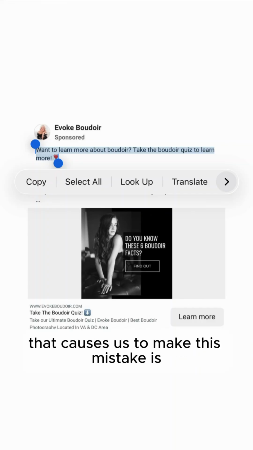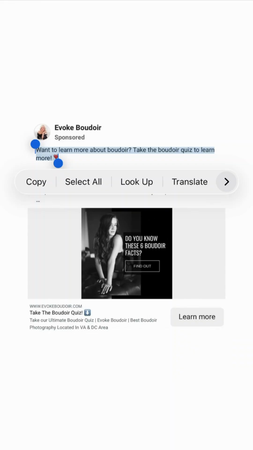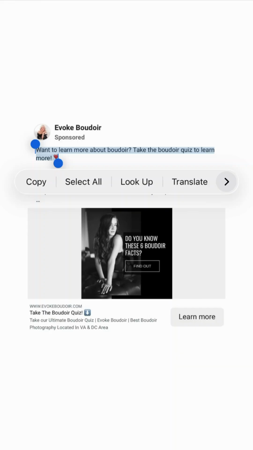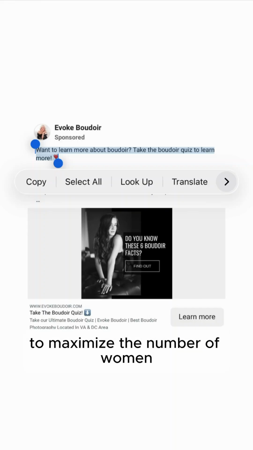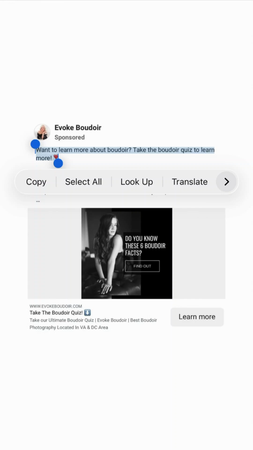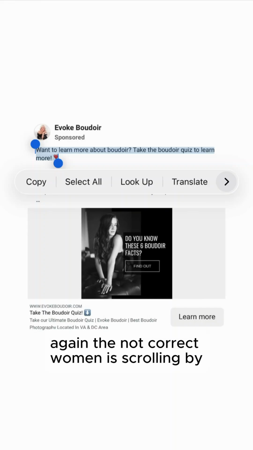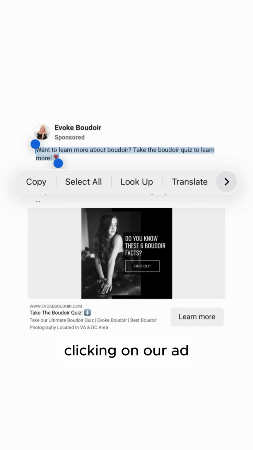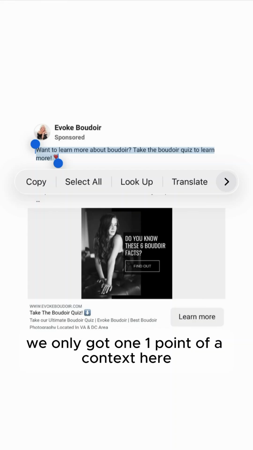So the false belief that causes us to make this mistake is that we believe we have enough context to maximize the number of the right women clicking on our ad, and getting the not correct women to scroll on by. But we're not even maximizing the number of correct women clicking on our ad. We only got one point of context here.